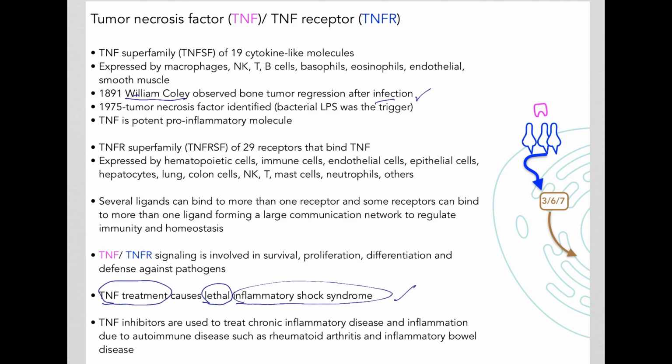So therefore, TNF really cannot be used for cancer treatment. However, TNF inhibitors are being used to treat chronic inflammatory diseases and inflammation due to autoimmune diseases such as rheumatoid arthritis and inflammatory bowel disease, because TNF is such a powerful inflammatory molecule. So inhibitors of TNF can be used to suppress inflammation.